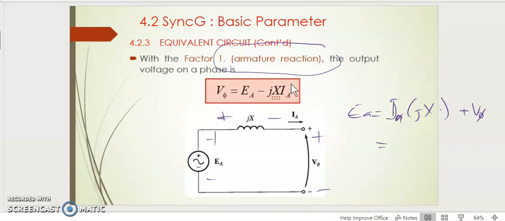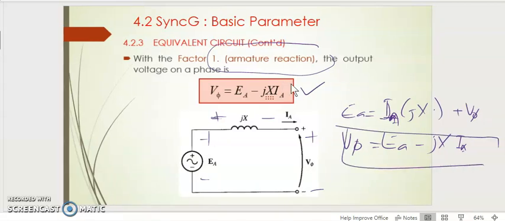If we rearrange, V phase is equal to EA minus JX IA. This is our IA. So it becomes the same equation as I mentioned: V phase equals EA minus JX IA.